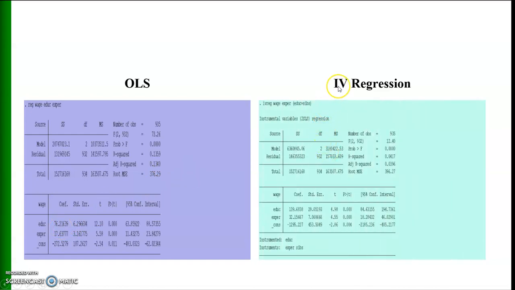Then we may use instrumental variable regression, in which the command is ivreg, and wage will be regressed on experience, and then we use the instrument, which I write within the round brackets: education is equal to SIBS. SIBS stands for siblings. So we use the number of children as a proxy for education, and now the coefficient of education, that is the sibling, is 139.68, which is quite different from this one.